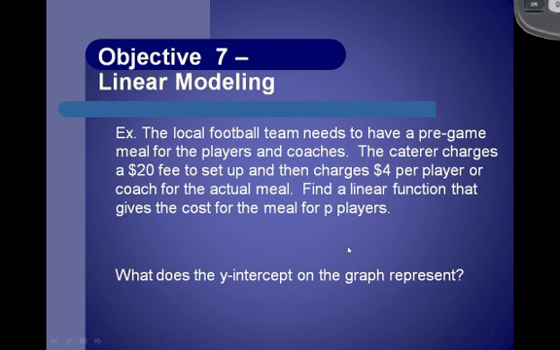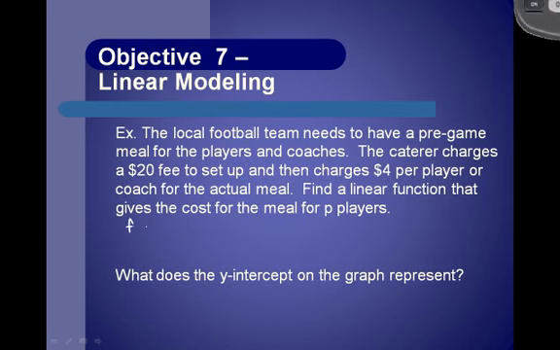Objective 7 is linear modeling. The local football team needs to have a pregame meal for the players and coaches. The caterer charges a $20 fee to set up and then charges $4 per player or coach for the actual meal. Find a linear function that gives the cost for the meal of P players.